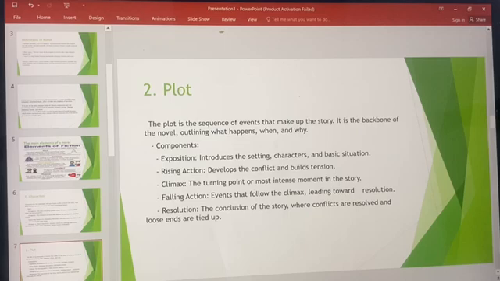We have climax. The climax is the turning point or most intense moment in the story. We have falling action. Falling action means events that follow the climax, leading toward resolution. And finally, we have resolution, which is the conclusion of the story, where conflicts are resolved and loose ends are tied up.